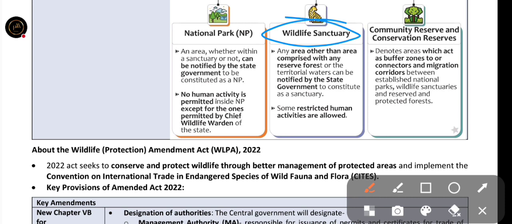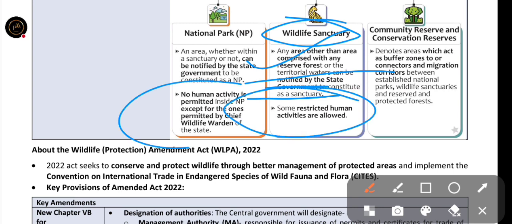Under wildlife sanctuary, the feature is that any area other than an area comprised within any reserve forest or the territorial waters can be notified by the state government to constitute a sanctuary, and some restricted human activities are allowed, but in a national park there is complete restriction on human activity.